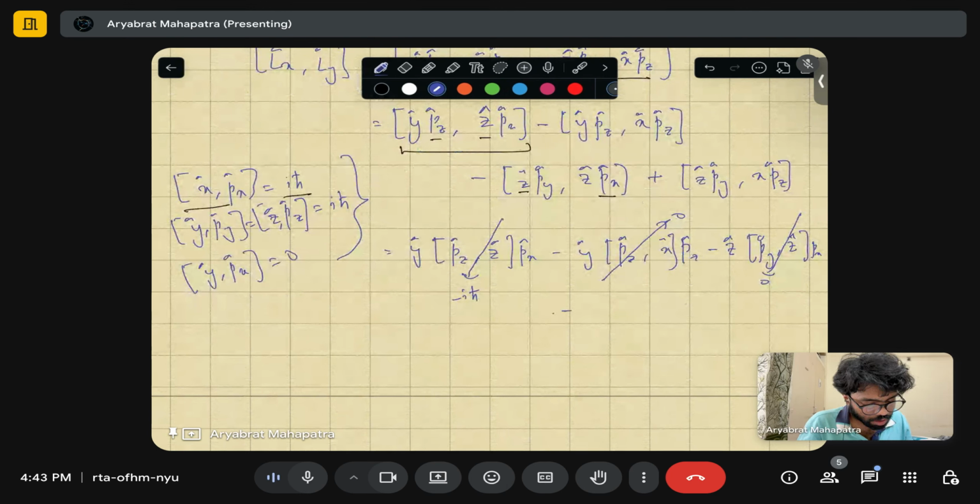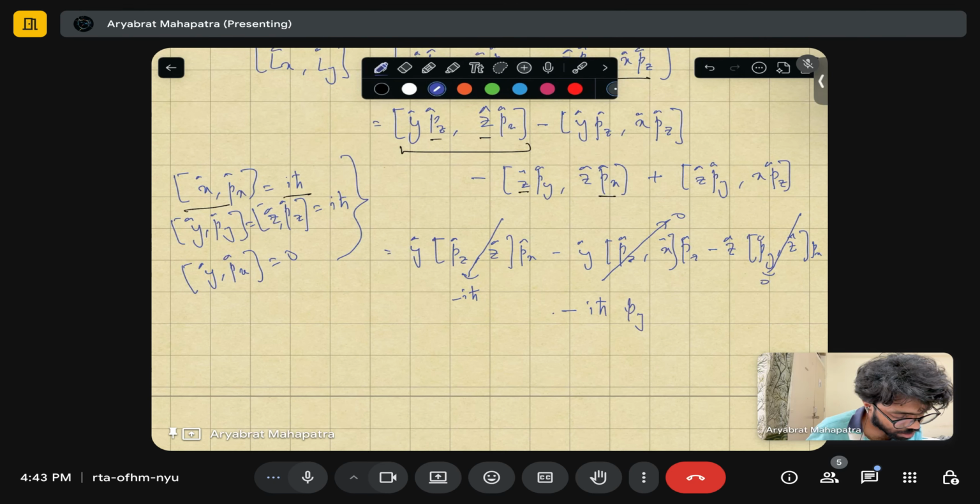From the last term you will get minus of i h bar py and x.